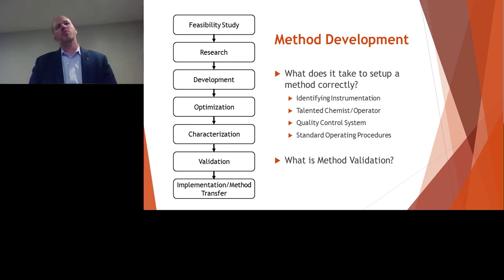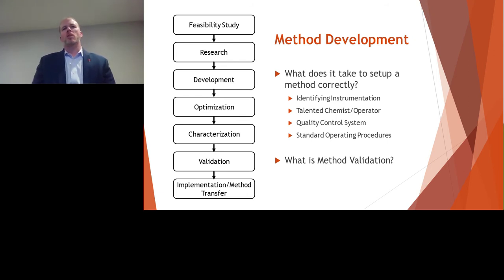So when you're going through this method development process, you really need to sit back initially and look at your feasibility. Do you have what you need? Then this is where probably the most important part is going out and doing your book research. I was once told that you can spend hours and hours in the lab trying to figure something out, and it can take you 10 minutes of doing book research to get that same answer.